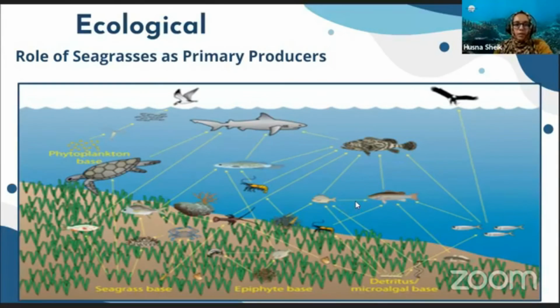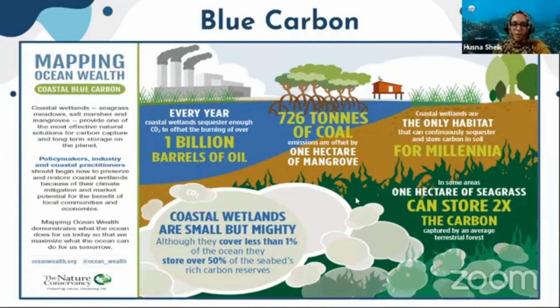Next is about blue carbon. When it comes to blue carbon, we know that with various anthropogenic activities, mostly anthropogenic carbon dioxide emission is happening. There are coastal ecosystems, or we can say marine plants, like mangroves and seagrass. Because they are autotrophs, they capture carbon dioxide.